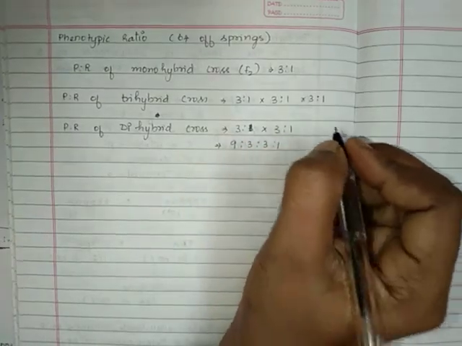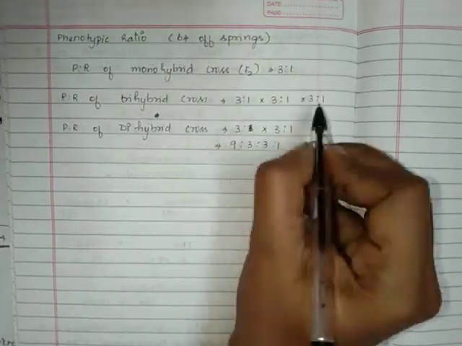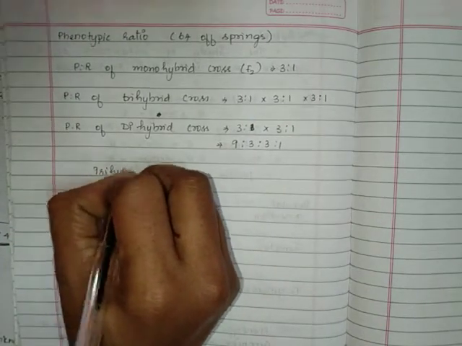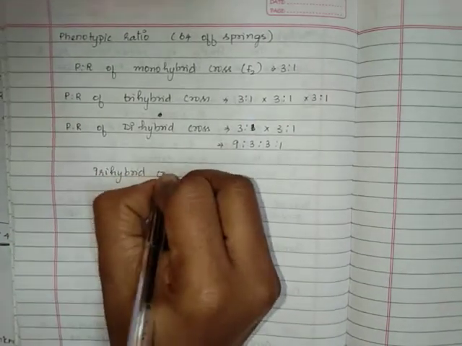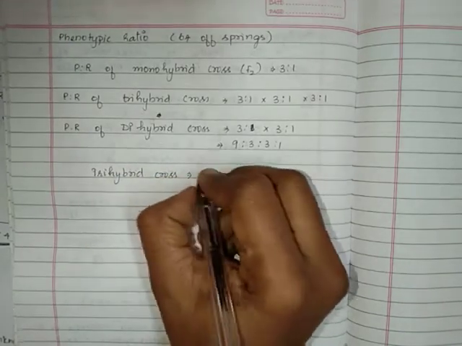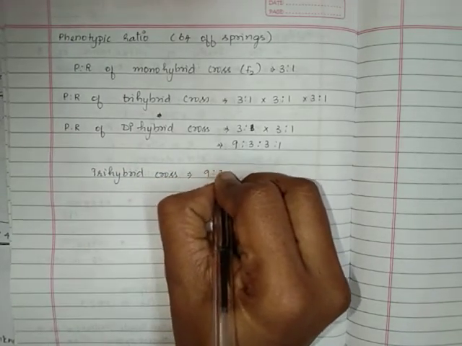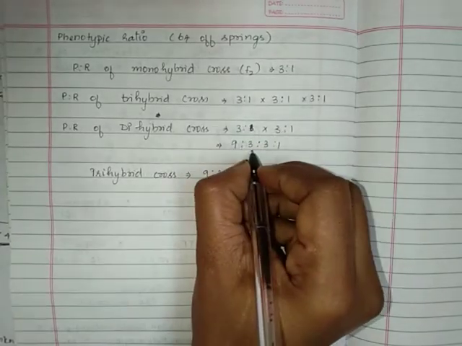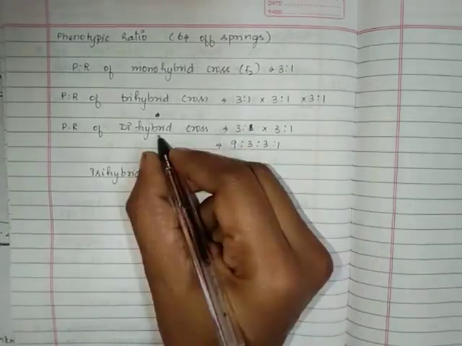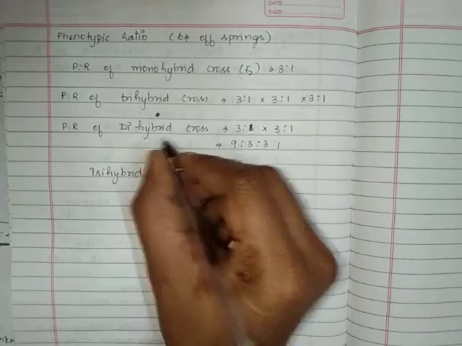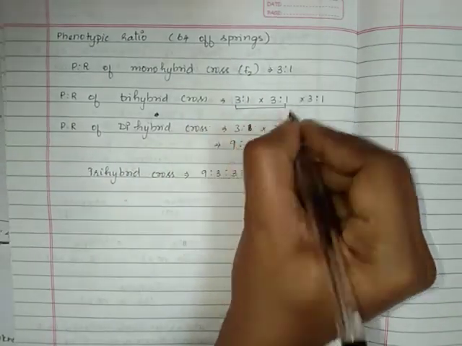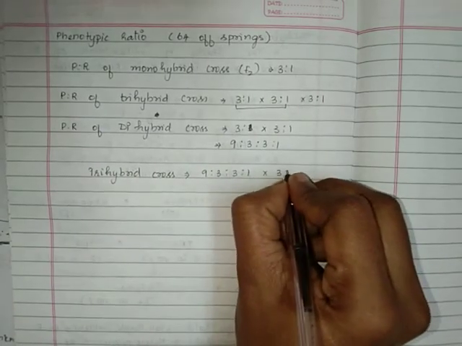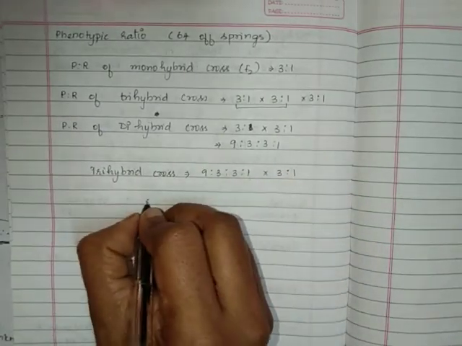We already know this. So to calculate simply for the trihybrid cross, what we do is it is 9:3:3:1, because 3:1 into 3:1 gave us 9:3:3:1 in the dihybrid. We already know this. So these two are going to be 9:3:3:1 into 3:1. So this is the ratio we have to find out.